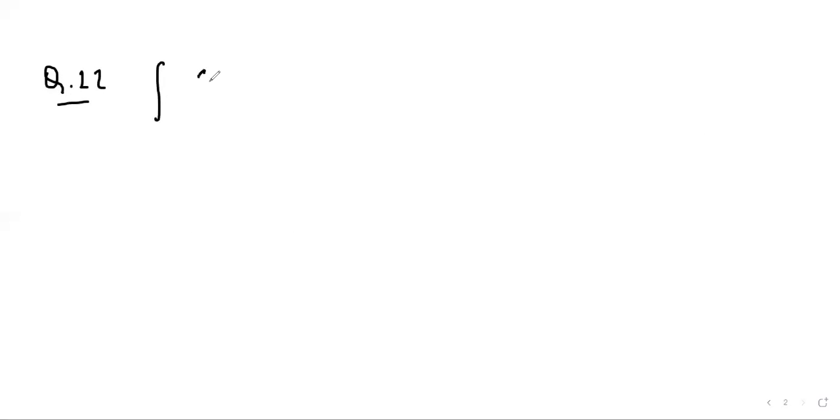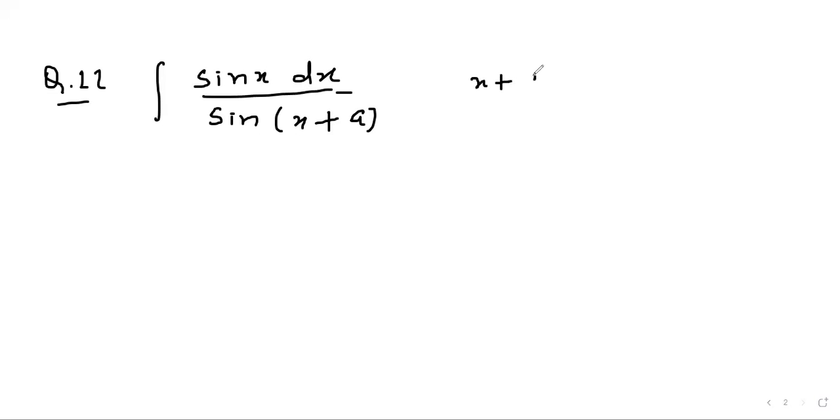Integration sin x dx divided by sin x plus a. Here we take x plus a equal to t, from where we get x equal to t minus a. We differentiate it.